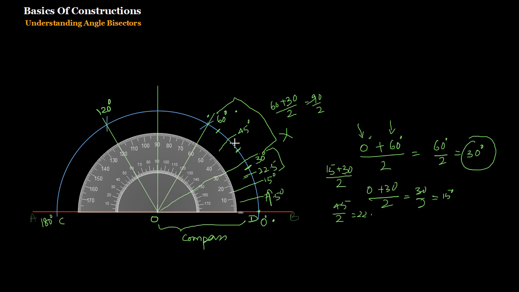But you need to remember that when you bisect to 0.5, because it's small, you can still show 22.5.